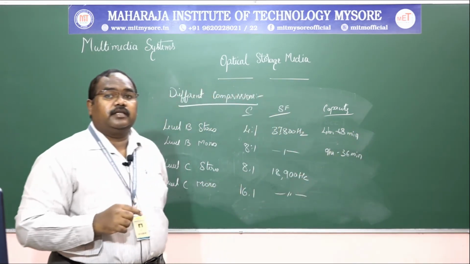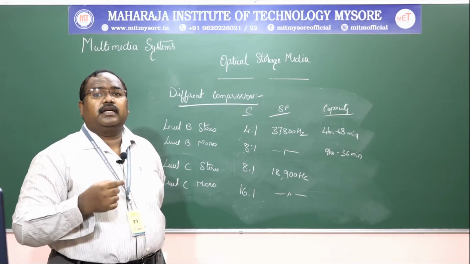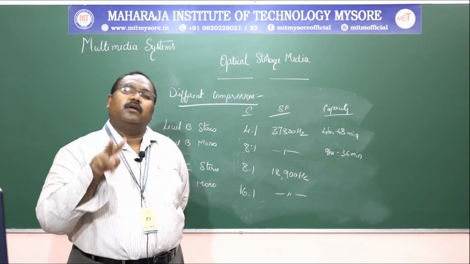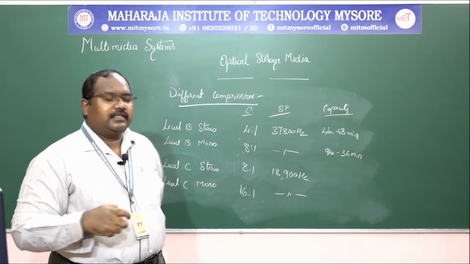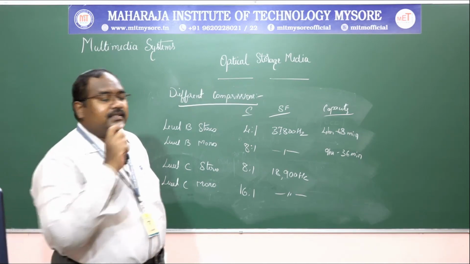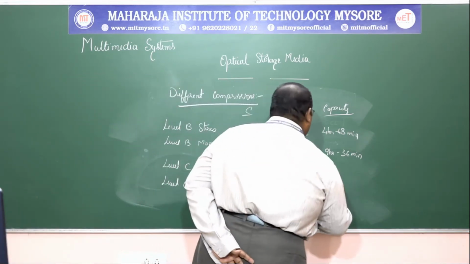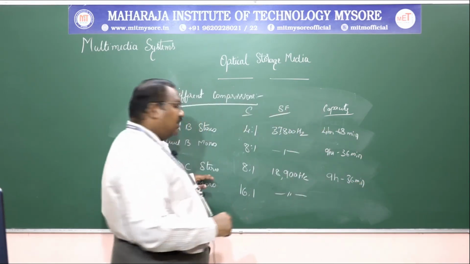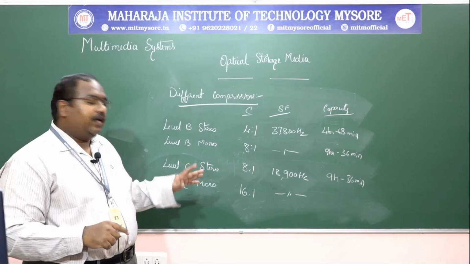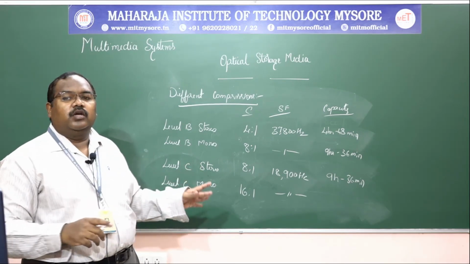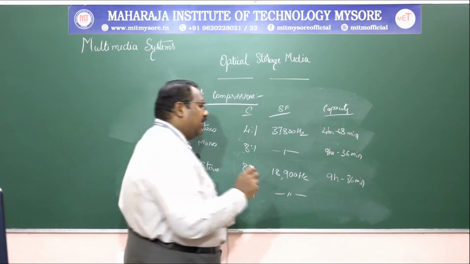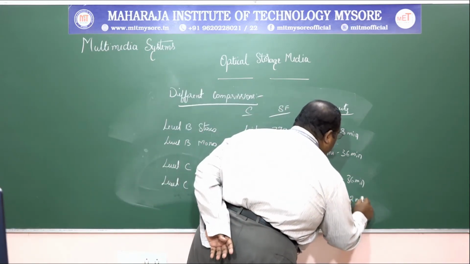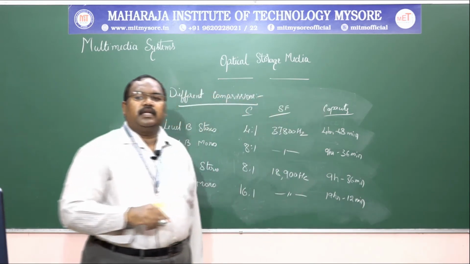Comparatively, it is a much higher storage capacity because it's mono, whereas in level B stereo it obviously has 2 channels. And next we have 9 hours 36 minutes, the same, here also with respect to level C stereo. But when we talk about level C mono, we are able to get 19 hours 12 minutes of storage capacity.